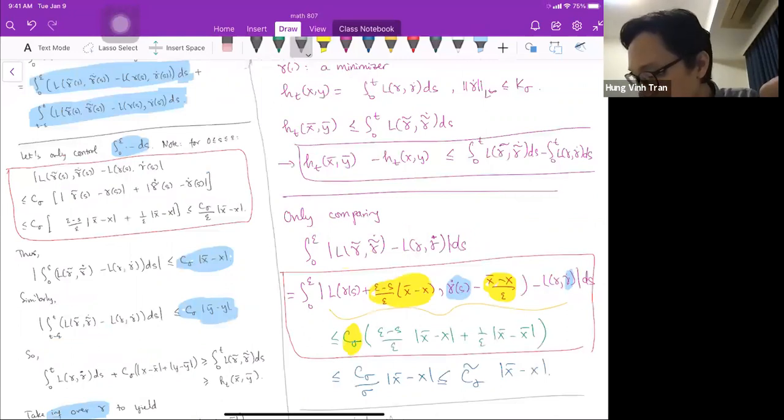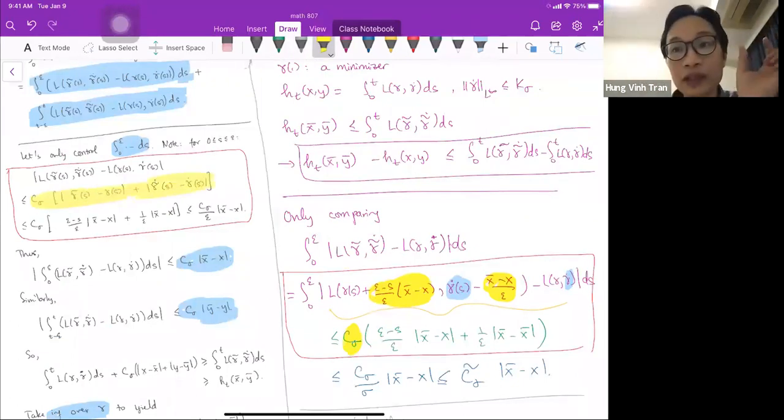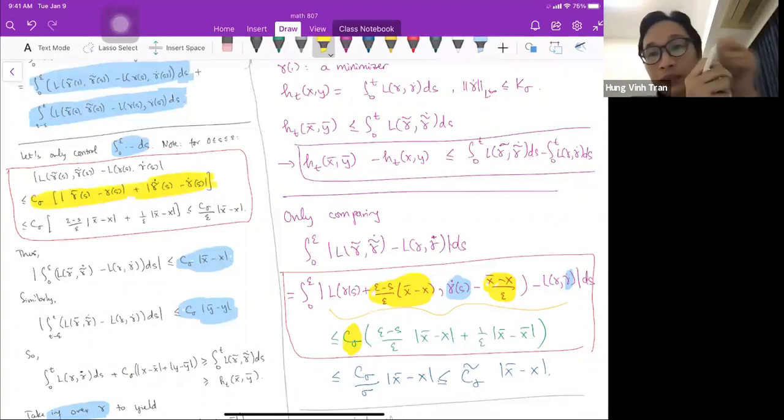Let me highlight it: I might not have the bound that the difference of L is less than or equal to C_sigma times the difference of gamma and gamma dot. Of course, one can argue that, fine, certain parts of the velocity go to infinity, but just some small parts, so maybe I can control the integral. That's a fair point.